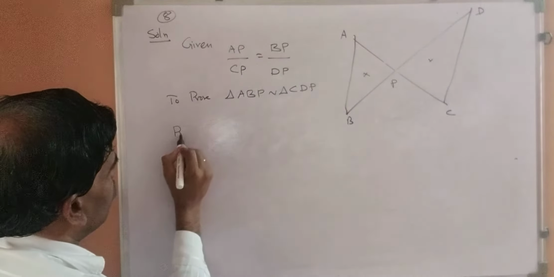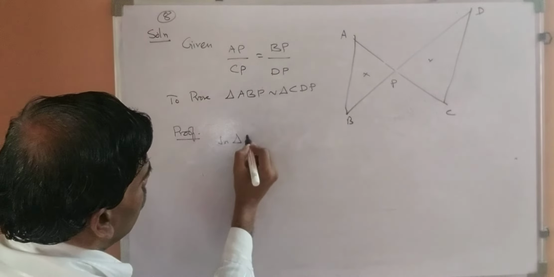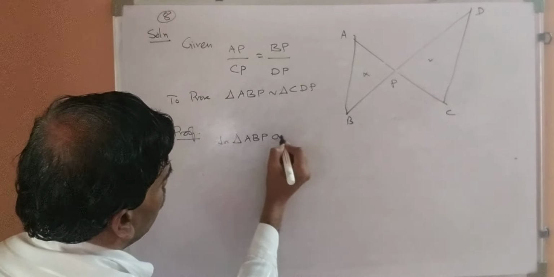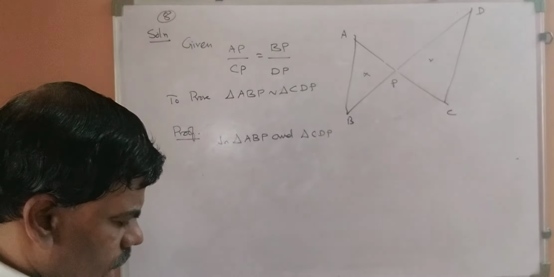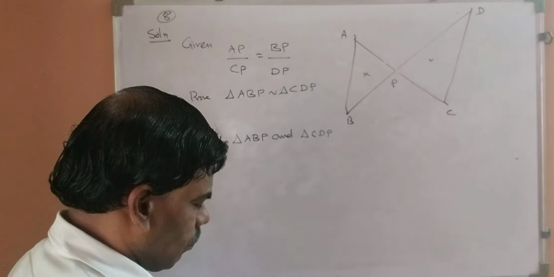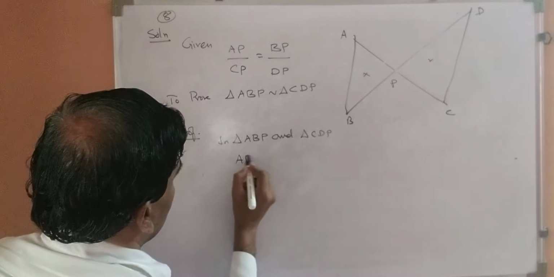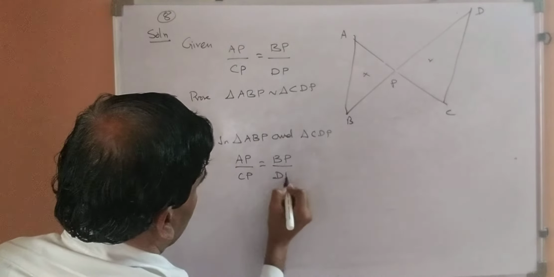Now proof, it is very simple. In triangle ABP and triangle CDP, what is given to you? AP upon CP equal to BP upon DP.